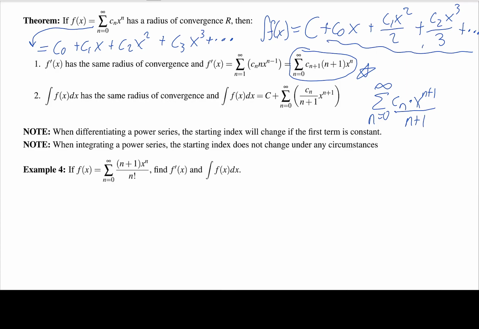Okay, so notice if I look at this part right here, if we plug 2 into this formula, I would get c sub 2 x cubed on top, just like we have up here. And then on bottom, we would get 2 plus 1, which is 3, just like we have right here.